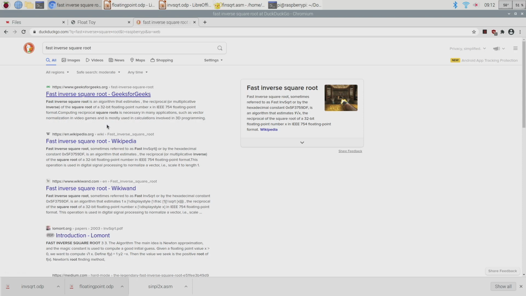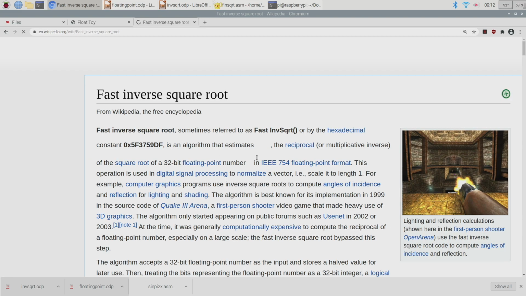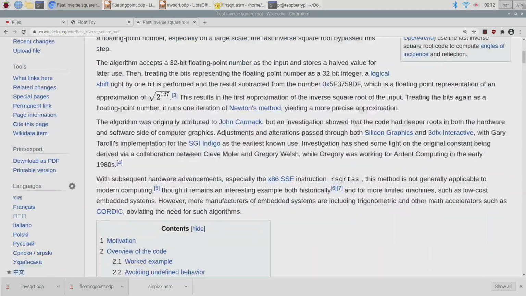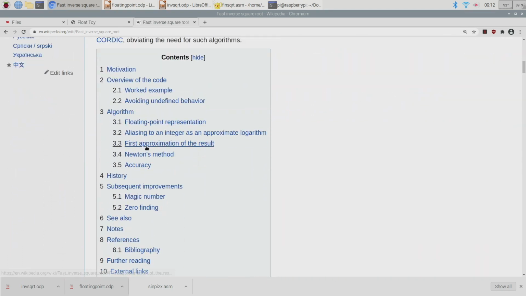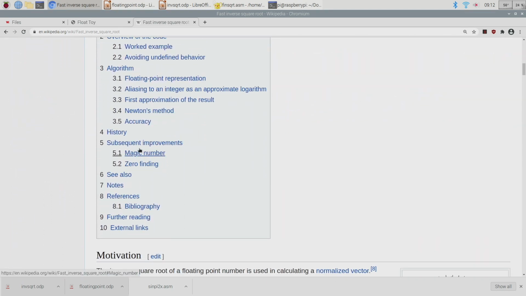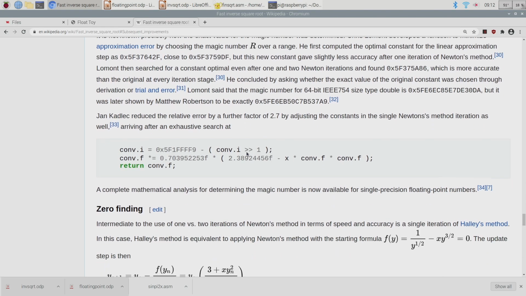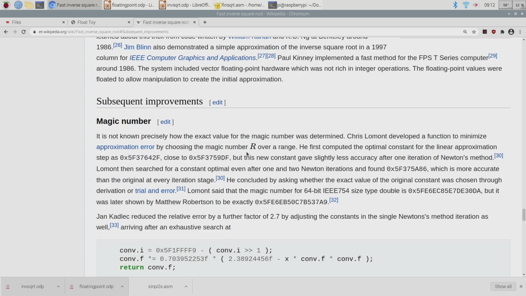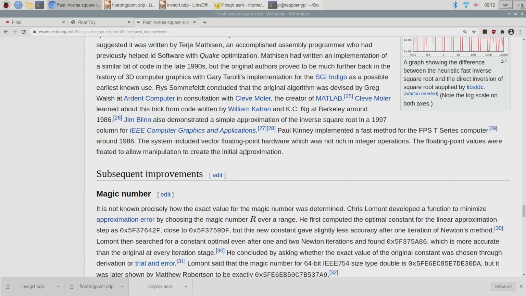Fortunately, there's a really fantastic Wikipedia page on this very thing. That's the number that we used for 32-bit, but it does give the 64-bit version. Let's see. Where?